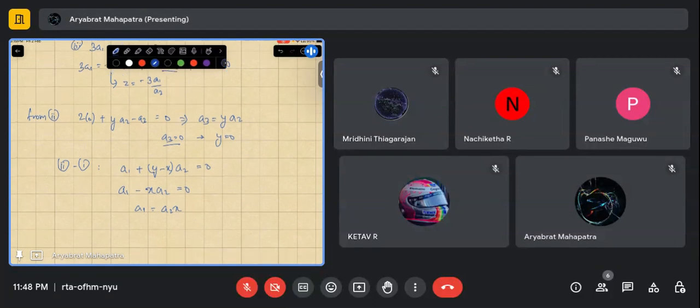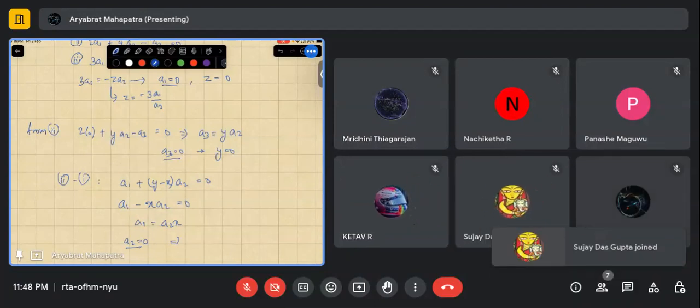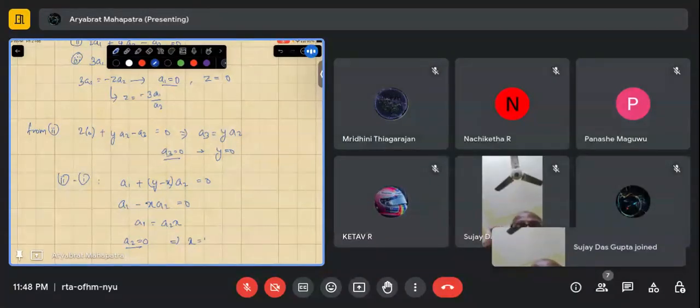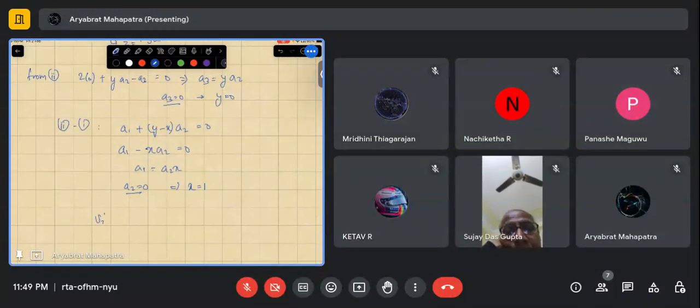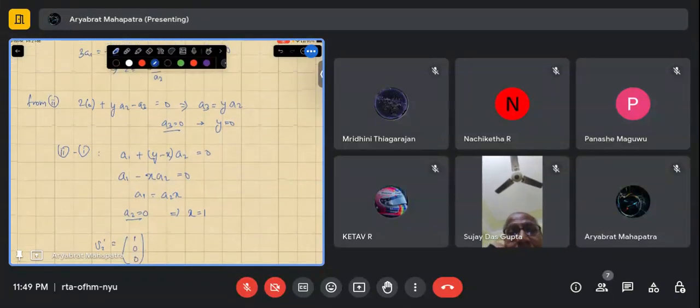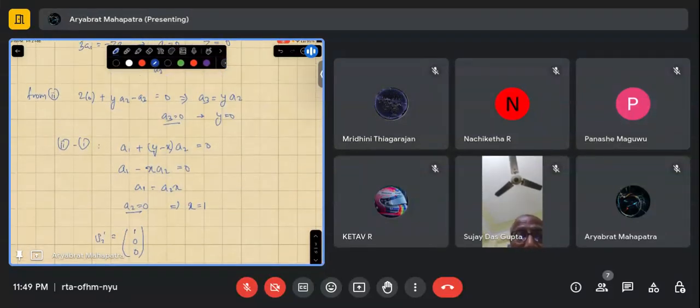When you do this a2 equals 0, you see that we have independently set all these 3 to 0. Now you can choose x equals 1, so that the vector we were looking for can be written in this way. The last part, I think I was being sloppy there. If you want to follow that, you can just ask me again.